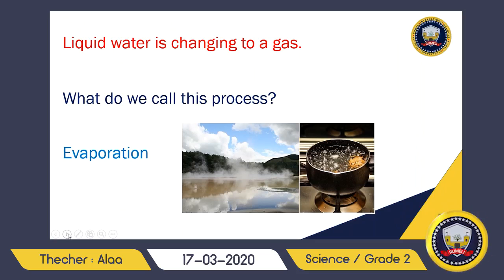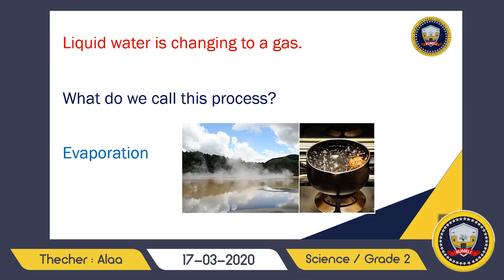What do we call this process? This process of changing liquid water to a gas, we call it evaporation. Repeat after me. Evaporation. Again, evaporation. Okay guys, let me tell you again.